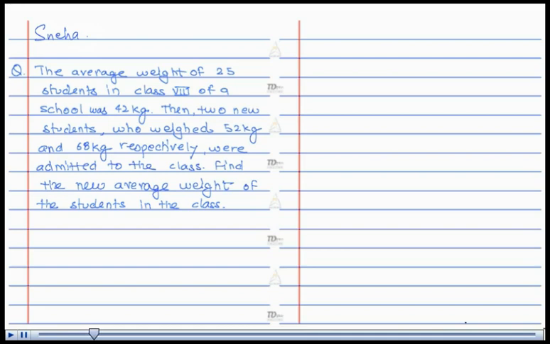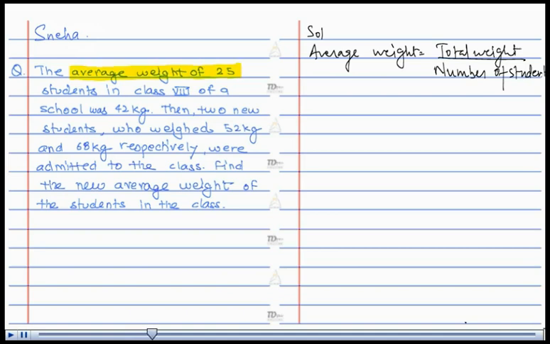The solution is, we know that the average weight is given by total weight of all students upon number of students in the class. Therefore, we have from the question that the average weight is given as 42 kg and number of students is equal to 25.